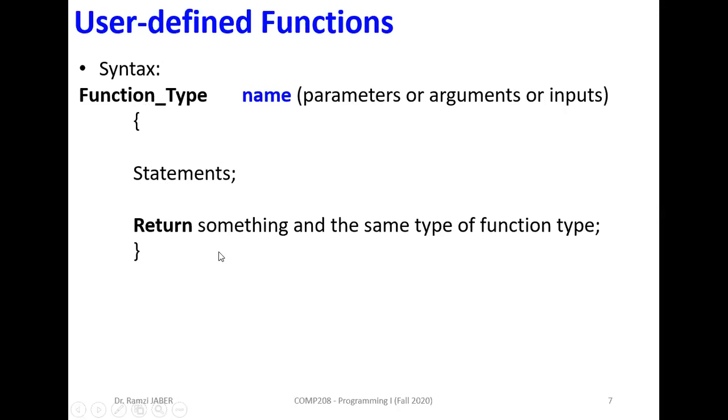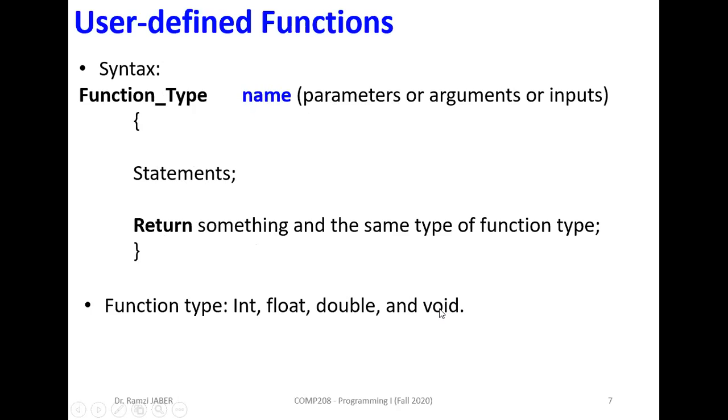So if the function type is integer, if this is int, your int function1, input any x here or whatever, any variable, the return must be integer. So the return, the output, must be the same type as the function type. If it's an int function, the return will be integer. If it's float, the return is a float. If it's double, the return is double.